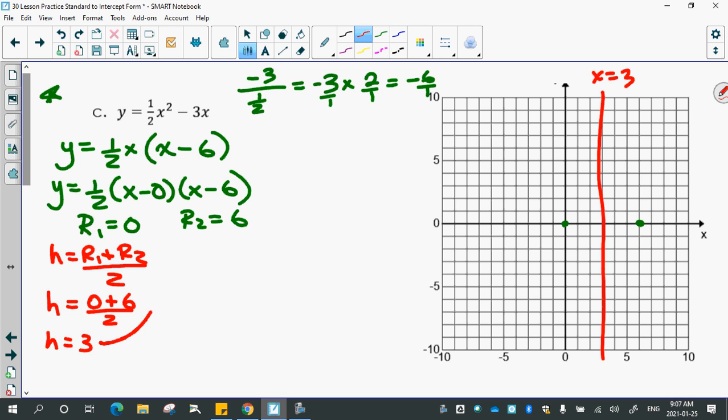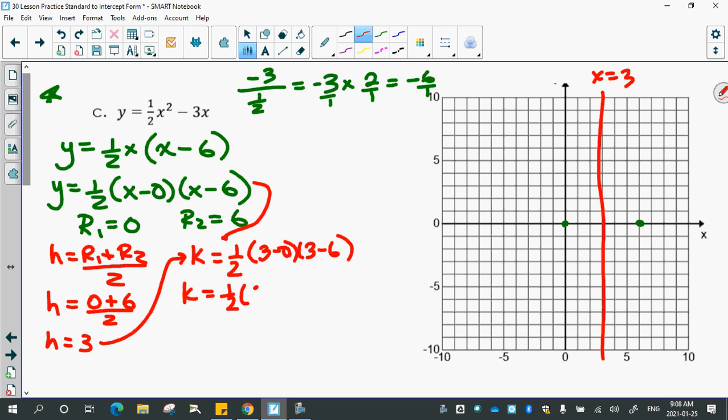To get the k value that goes with it, you're going to substitute in here. So it's going to be a half times 3 minus 0 times 3 minus 6. Which is going to give us negative 4.5. Which means our vertex is going to be at 3, negative 4.5.